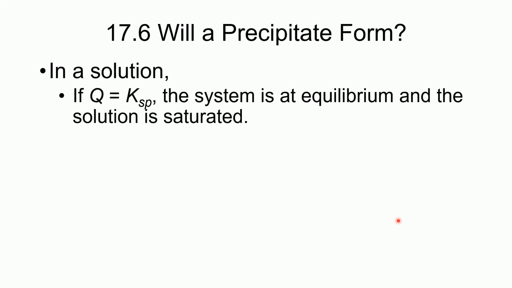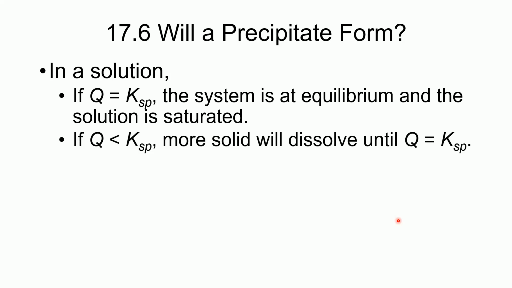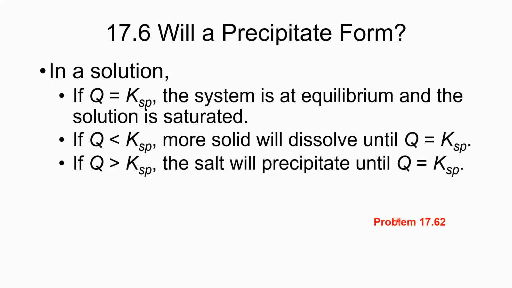If Q is equal to K, our system is at equilibrium and the solution is saturated. If Q is less than KSP, more solid will dissolve until Q is equal to KSP. And if Q is greater than KSP, then the salt will precipitate until Q is equal to KSP.